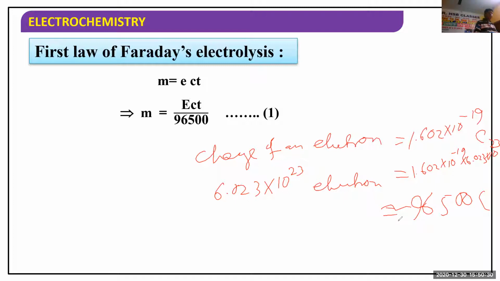This 96500 coulomb is known as 1 Faraday. So 1 Faraday equals 96500 coulomb.